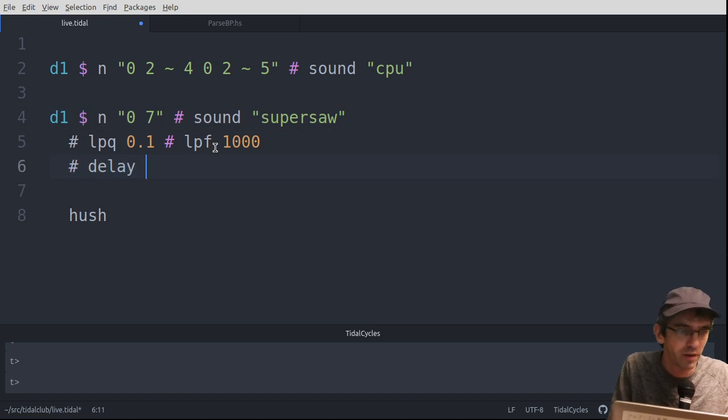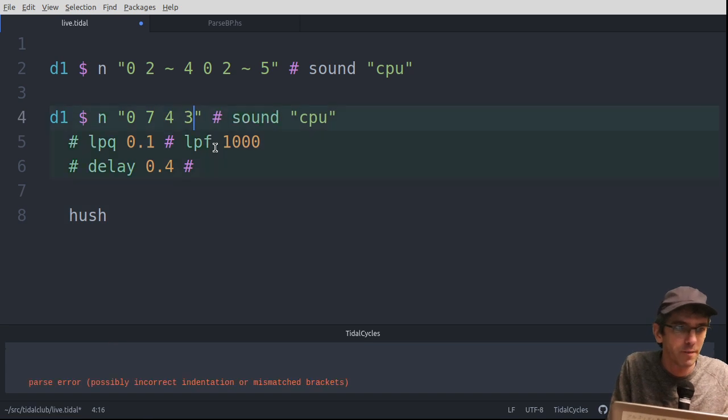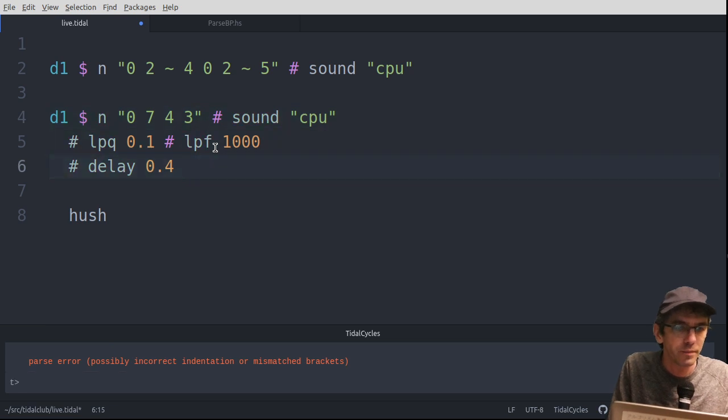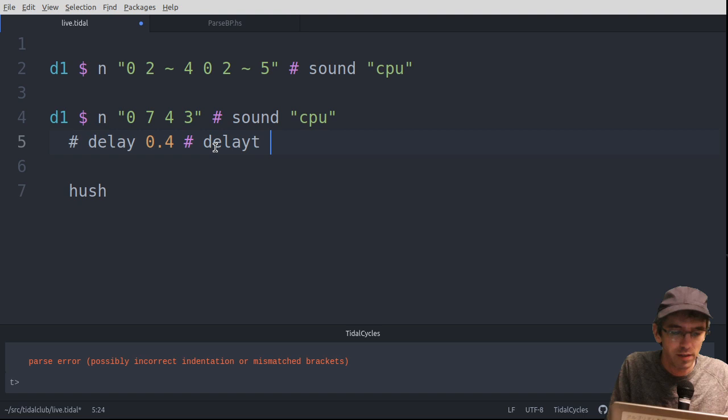For example, if I had a delay, that's just the amount of delay. I'm going to shift back to doing some drums. So if I put delay T of Q, that should now be 0.25.